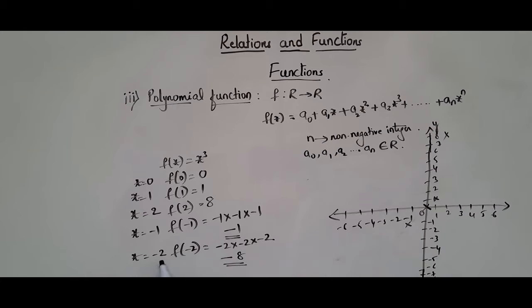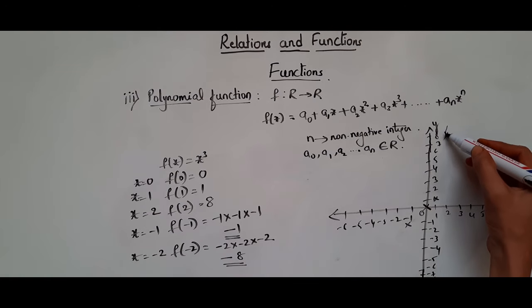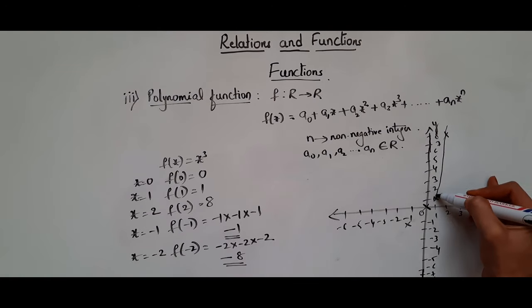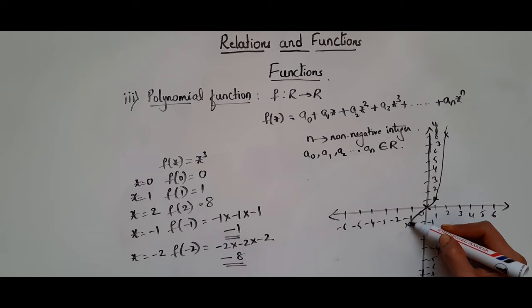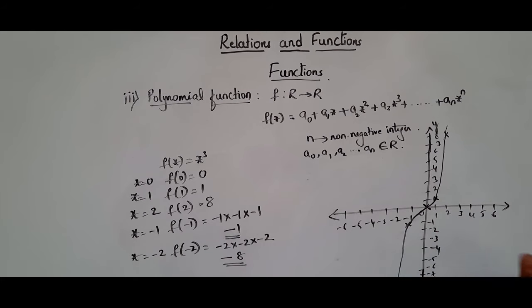When x is equal to minus 2, f of minus 2 is minus 8. So minus 2 and minus 8, here somewhere. So let's join all these points. You'll get a graph like this.